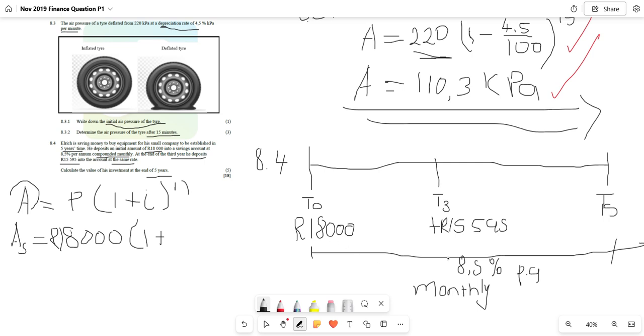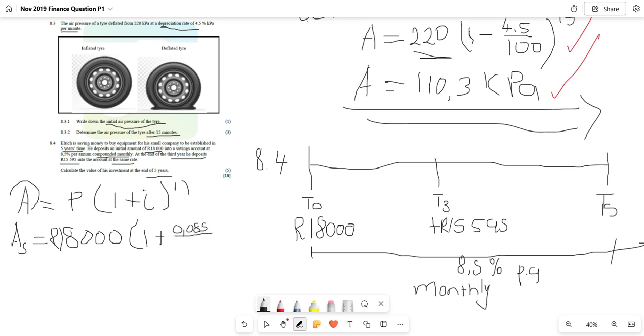First, we have to divide this interest rate by 100%. 8.5 divided by 100% is going to give us 0.085.